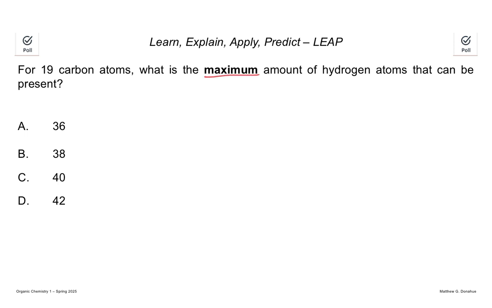So pay attention to the wording of this. We have N equals 19. We want to figure out, for 19 carbons, what would be the maximum amount of hydrogens you could have. And we would use this alkane formula. We take 2 times 19, and add 2.